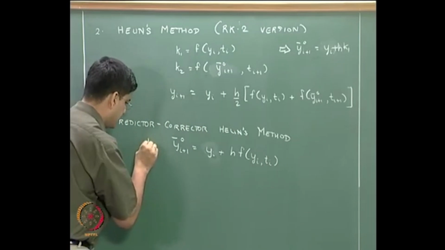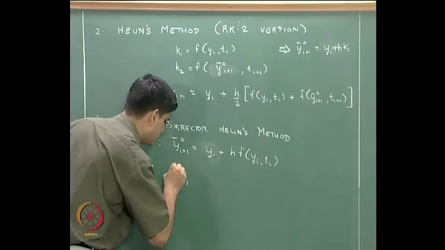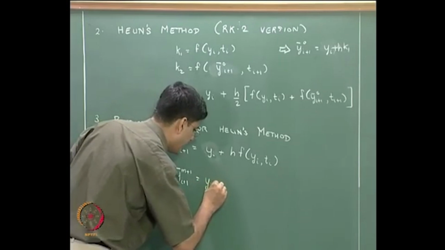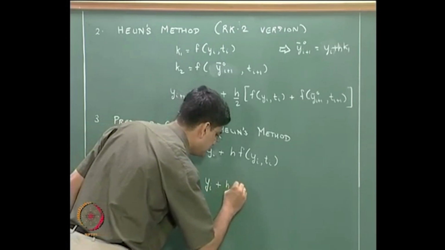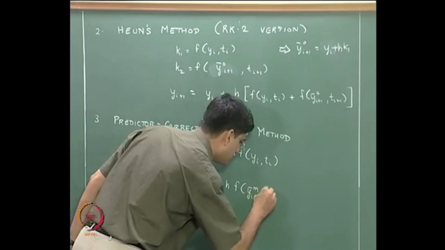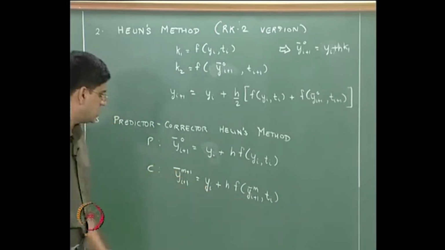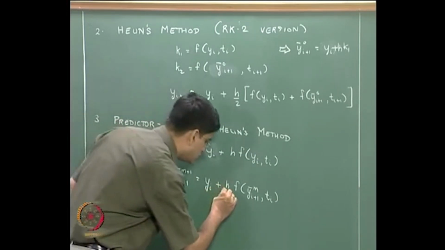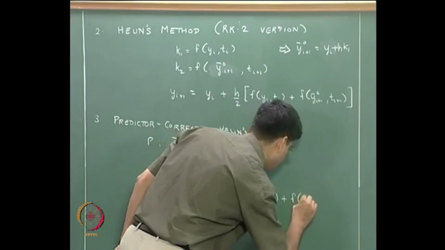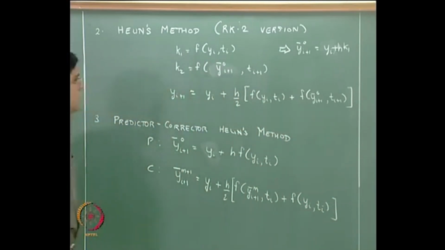This is the predictor, and the corrector equation is y_{i+1} bar m plus 1 equal to y_i plus h by 2 times f of y_{i+1} bar m comma t_{i+1} plus f of y_i comma t_i.